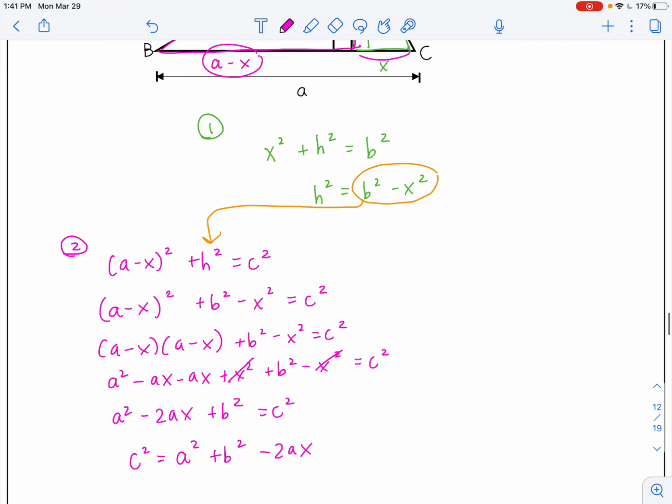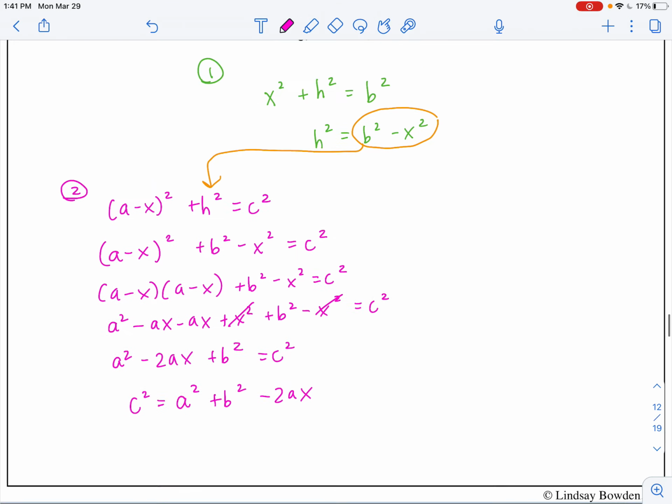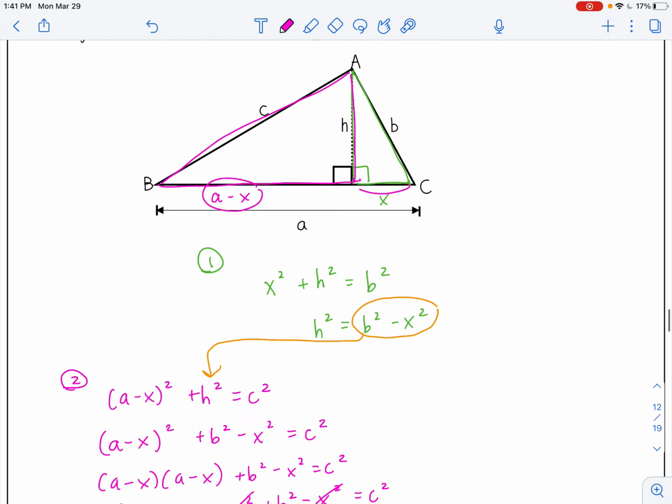So we're very close here. The only thing is we have that x instead of b cosine of C. Well, if I come back up here and I look at the cosine of C, cosine, remember, is adjacent over hypotenuse, so x over b. I'm going to get x by itself here.